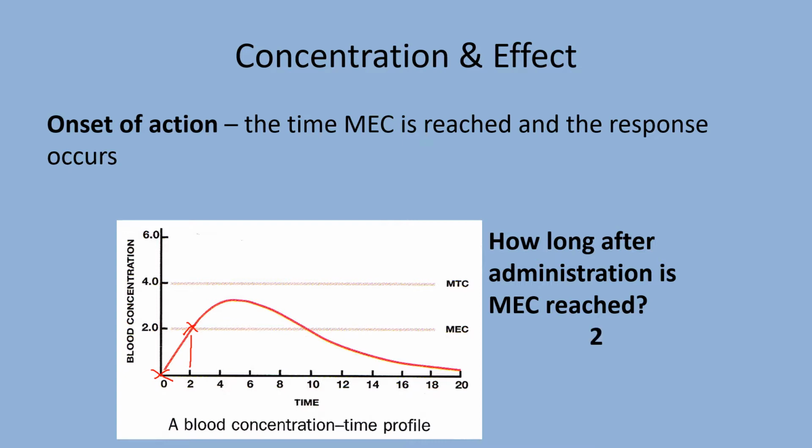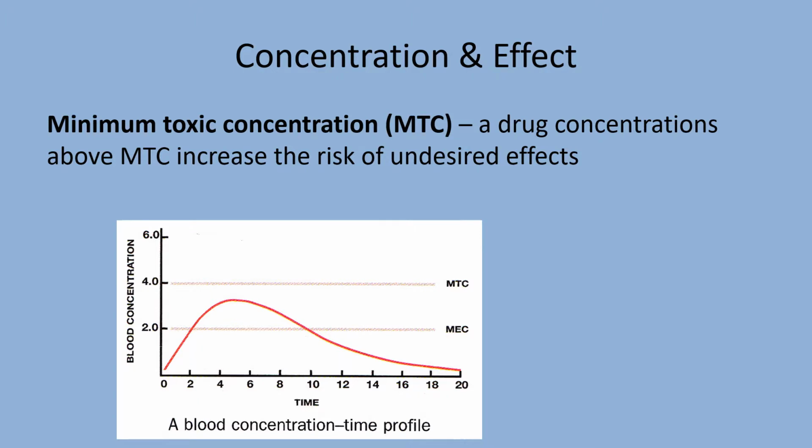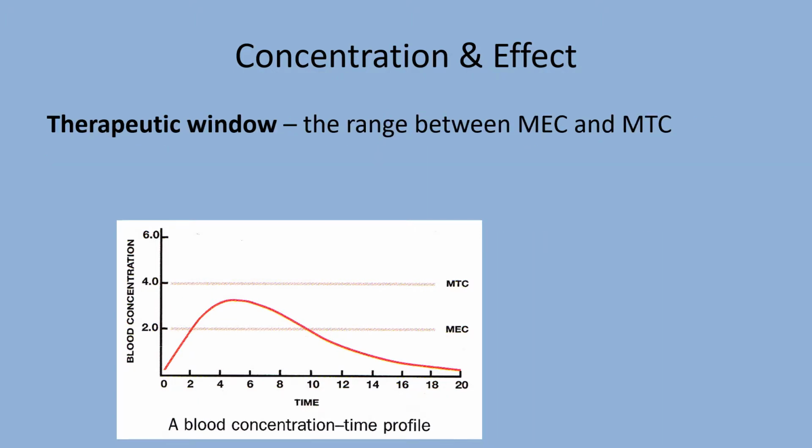Wouldn't that vary, I guess? Yeah, this is just an example of one drug. If you gave it to somebody by a different route, it'll change. A different dosage form will change it. So this is just a generic example. We're just identifying the different parts.